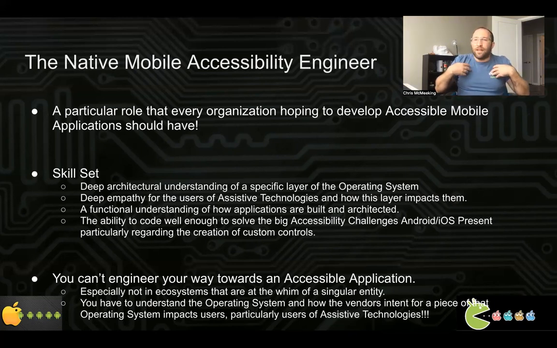In an ecosystem of people trying to build applications, we need to work together. We need people that understand model view controller, model view model, and when you use which. We need all those people, but we also need people who understand the users and a deeper sense of how they interact with the platform. And the reality is upkeeping both of those bits of knowledge to a high level is impossible.